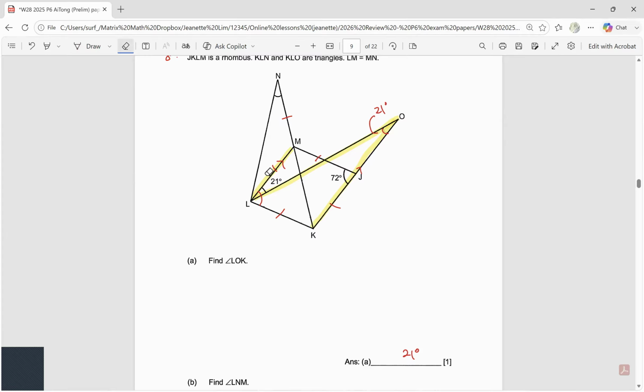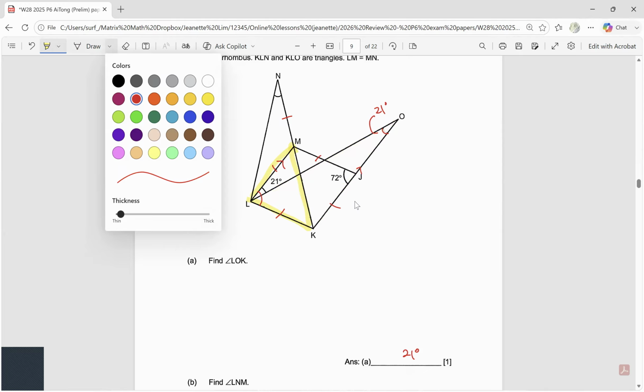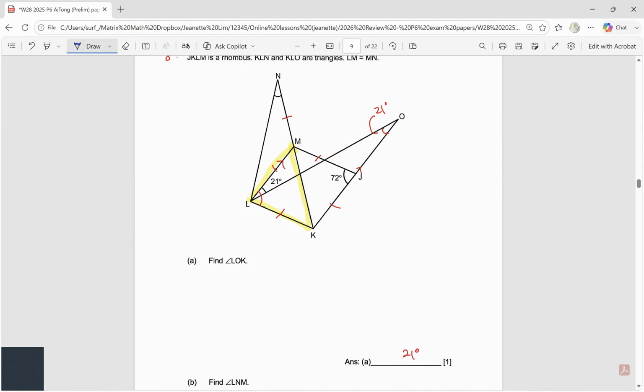Let me remove this first. So I will use this triangle here. The highlighted triangle is an isosceles triangle with these two base angles being equal.